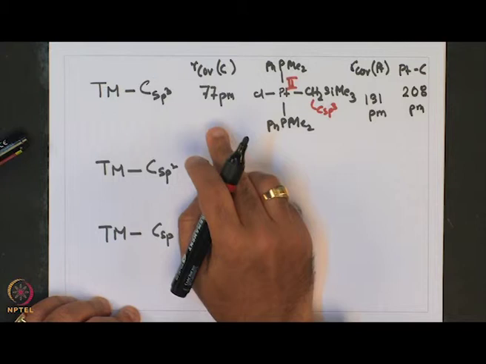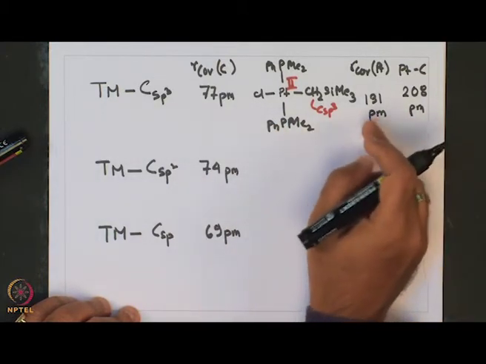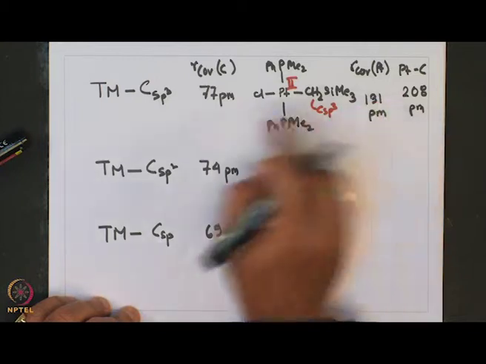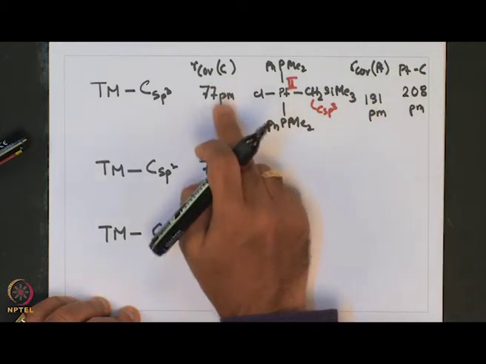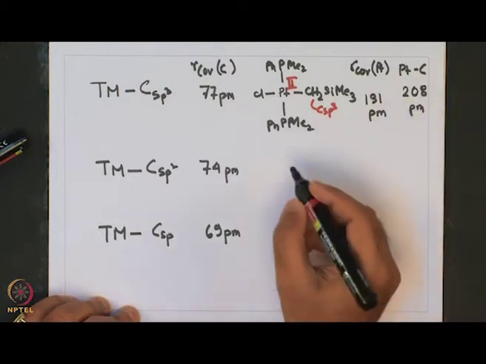And the observed as well as the calculated one, which can be done by adding the covalent radii of sp3 carbon and platinum, they match up very nicely.